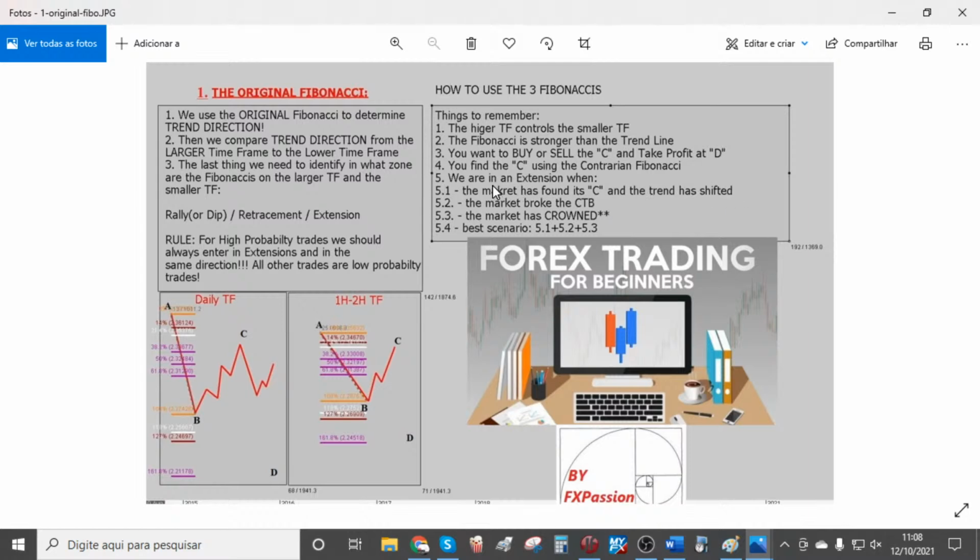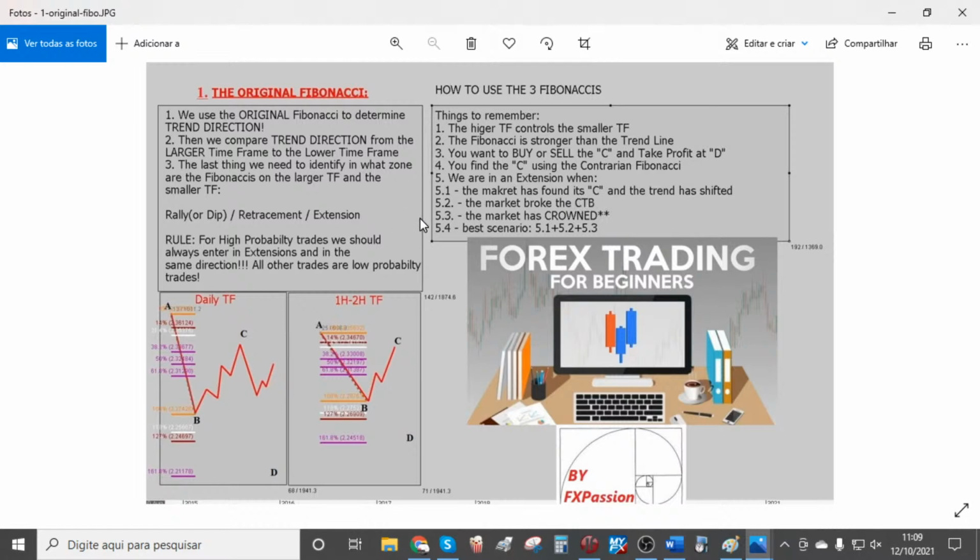See, everybody, it doesn't say the market has found its confirmed C. The market has found a C. Sometimes it's going to be confirmed, sometimes it's not going to be confirmed, and the trend has changed, shifted. Number 2, the market broke the counter trend line, and the market has crowned. We are going to learn crowns in the future lessons.